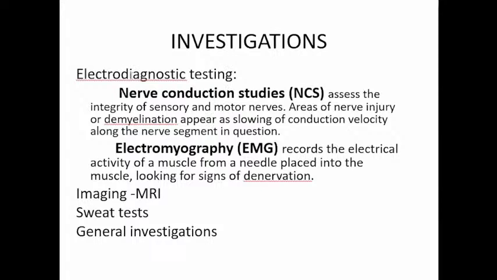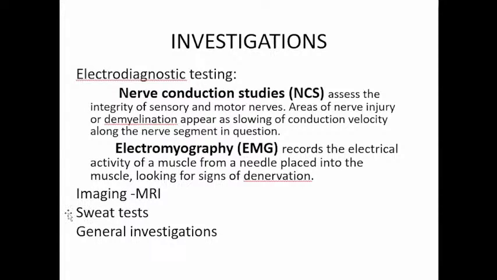Apart from those specific electrodiagnostic tests, NCS and EMG, we can also do an MRI in the area we are interested. If it's piriformis syndrome, we can do an MRI in the pelvis, looking for signal changes near the nerve. There are also sweat tests.